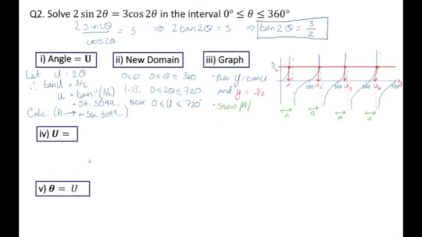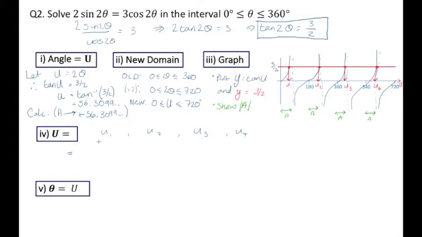Let's go on to step 4. So we're saying our U equals, well, we've got 4 angles here. We've got U1, U2, U3 and U4. The benefit of doing it like this is you don't have to constantly write it out. U equals U1, it also equals U2. Just write them all in a list like that.